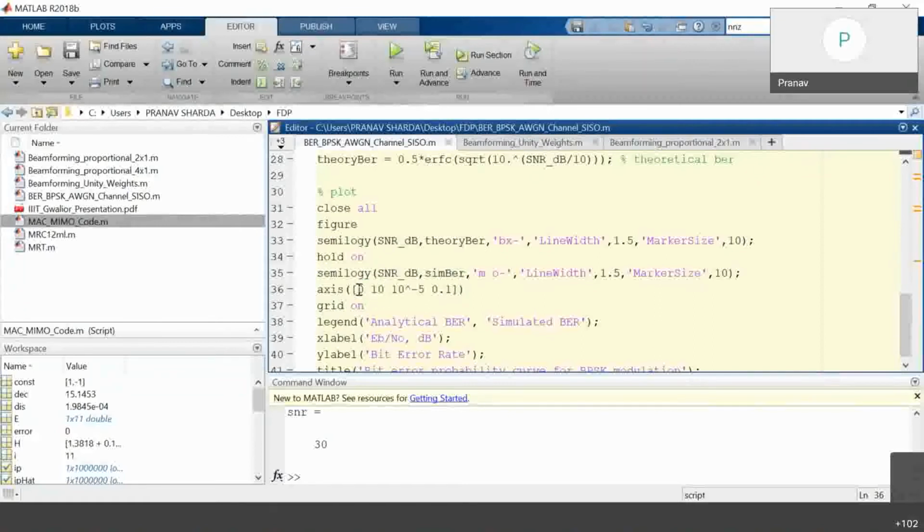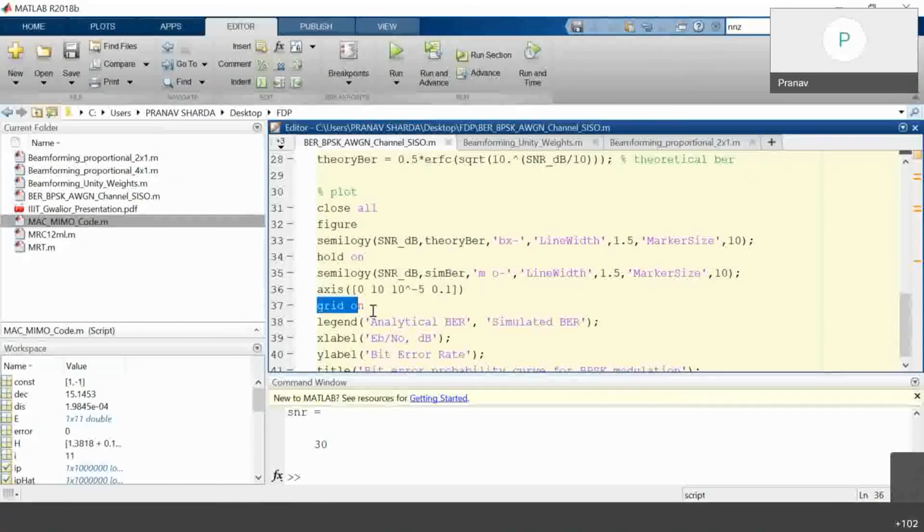On the x-axis, the minimum value starts from 0 and the maximum value is 10. On the y-axis, the maximum value is 0.1 and the minimum value is 10 to the power minus 5. So this is the format of writing how we define the axis.